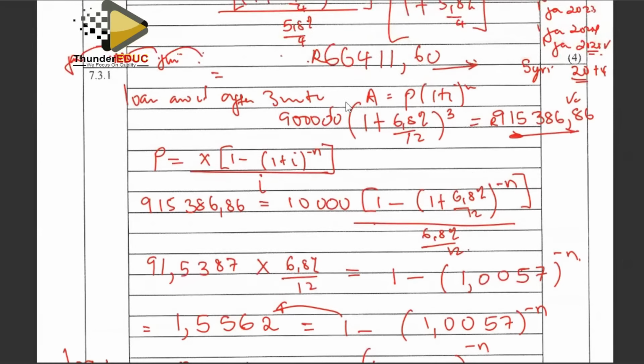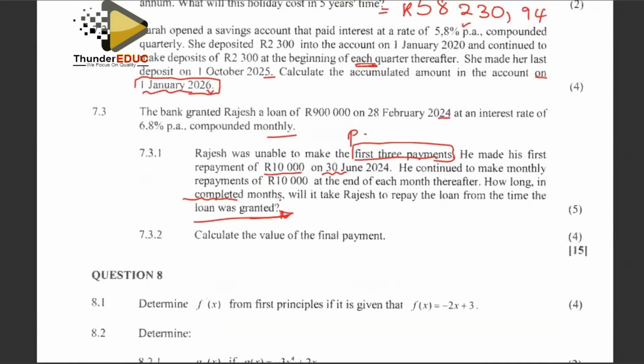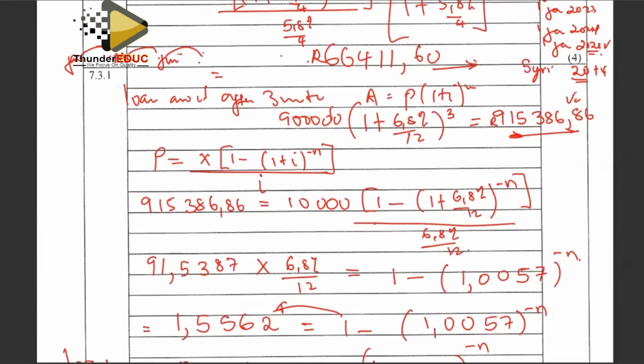We said 915,386, that. How much is the monthly payment? It is 10,000. Okay, so when we divide 915,386.86 by 10,000, we get that.